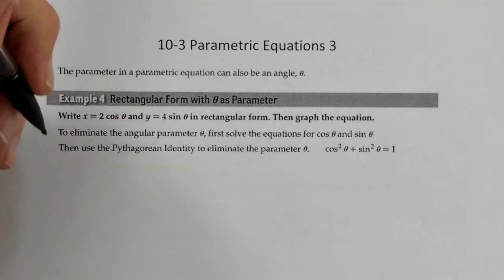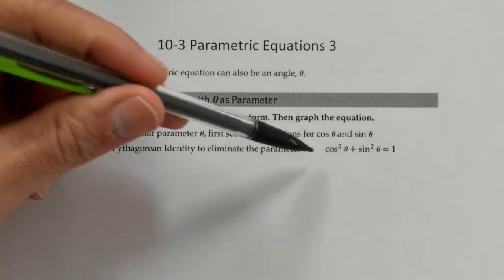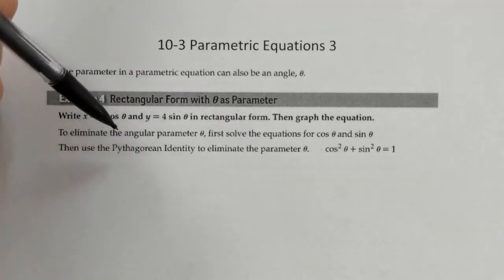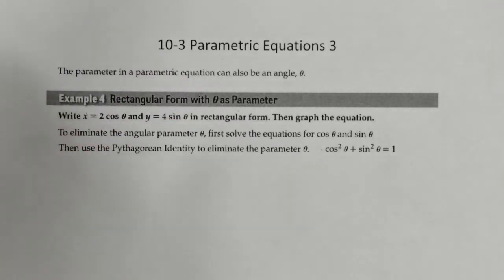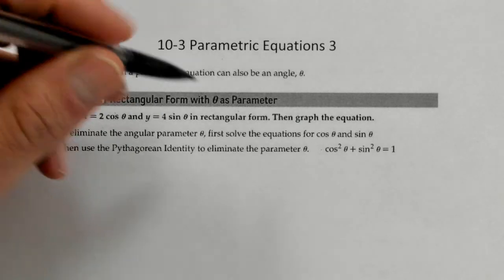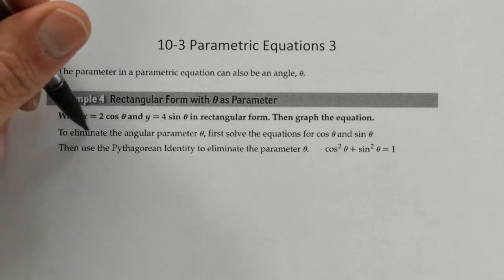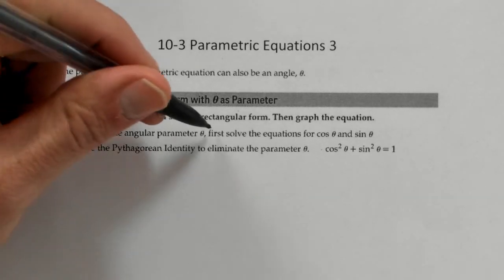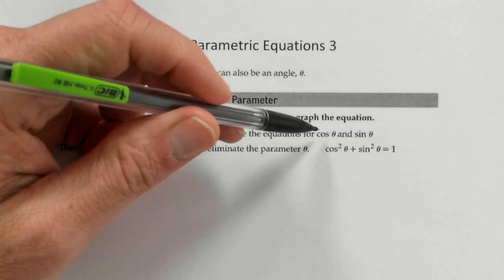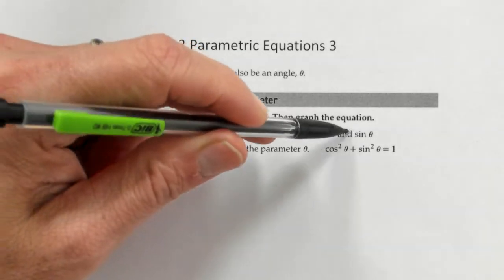However, because we can now use the Pythagorean identity since we have sine and cosine, we're actually going to use that to write the equation quicker and in a different format. So here are the steps. To eliminate the angular parameter theta, first solve the equations for cosine of theta and sine of theta.